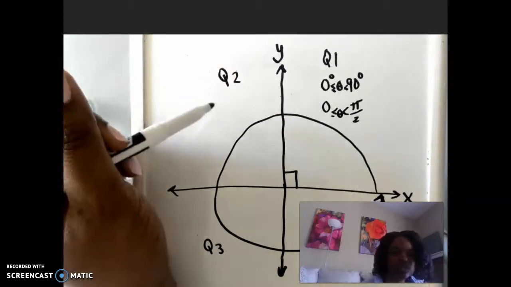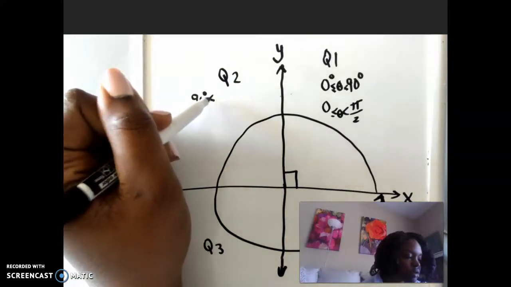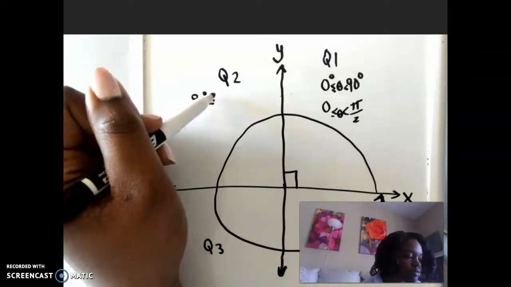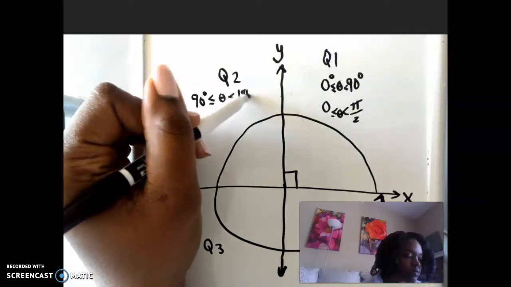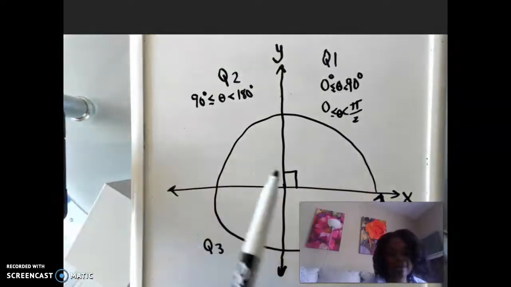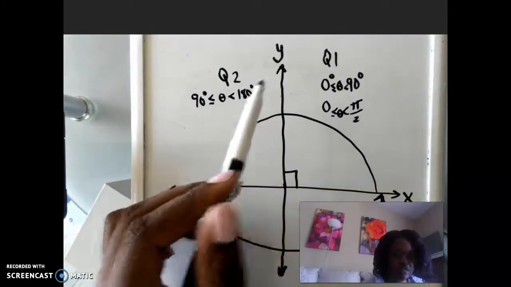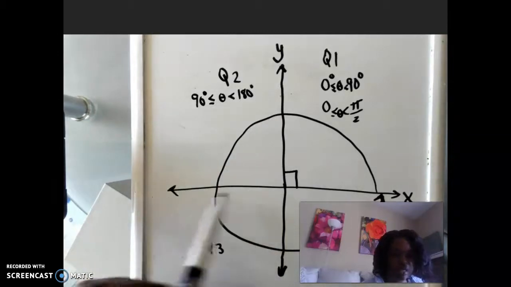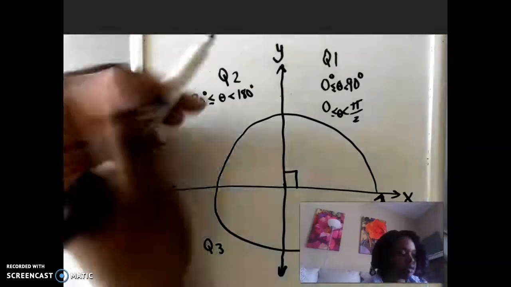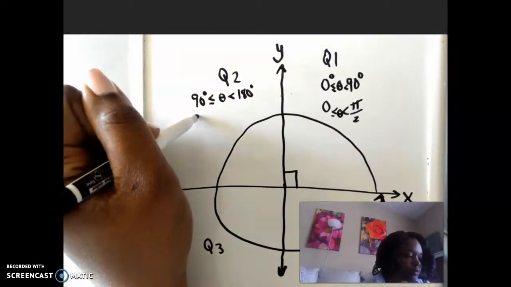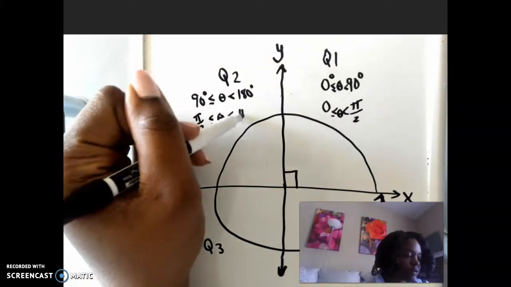Then once you cross over into the second quadrant, all your angles are greater than or equal to 90 degrees, but less than 180 degrees, right? This is another 90 degrees, so 90 plus another 90 gives you 180 along the x-axis here. So in radians, that will be between pi over 2 and pi.